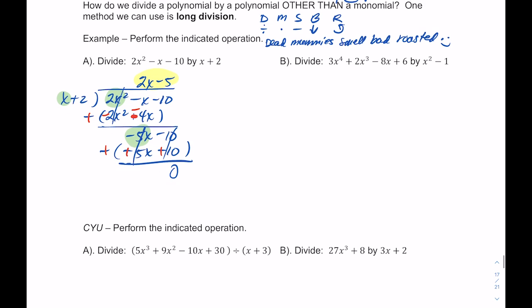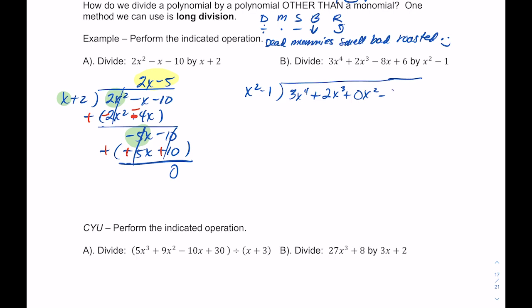Let's try letter B. So in letter B, I have my x squared minus 1 as my divisor. And on the inside, I have 3x to the fourth plus 2x to the third. And then notice that there is no x squared. So I need to put a 0x squared as a placeholder.